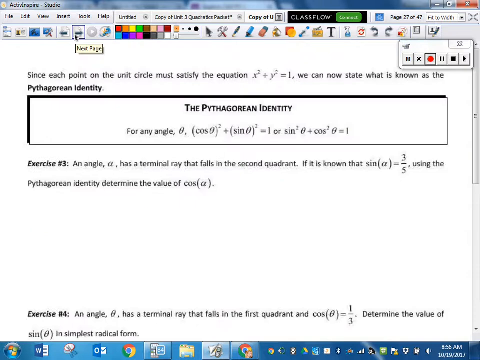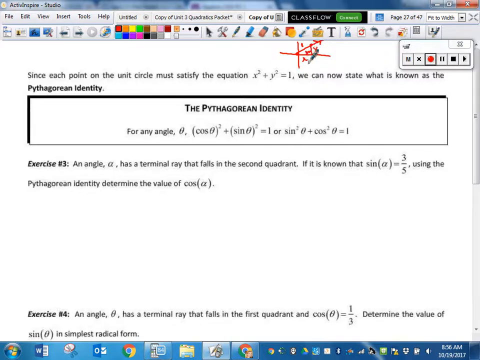Okay, last thing we got to cover. We got to cover what is our Pythagorean identity. If you think about it, if we're sitting on the unit circle, this should make sense to you. You're sitting on the unit circle, we got this triangle here, right? And this is x, the distance I move over for x, this is y, and that's 1. So Pythagorean theorem, x squared plus y squared would equal 1 squared because it's a right triangle.